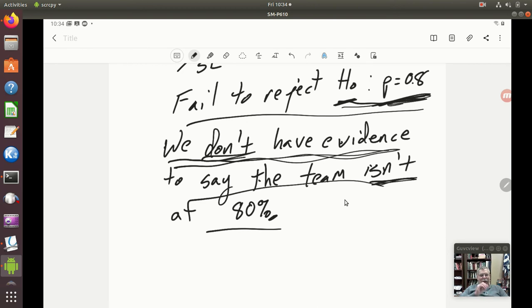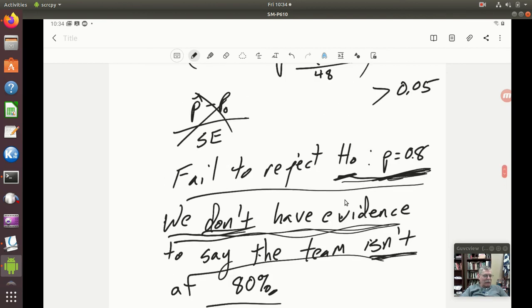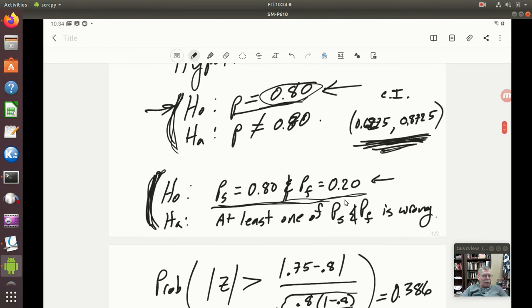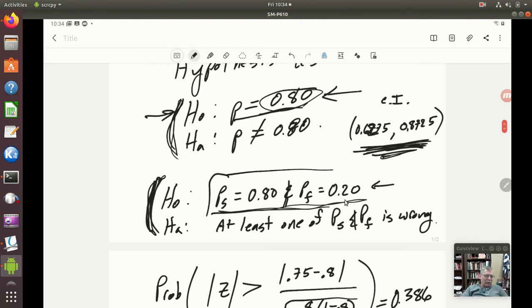That's not exactly the same thing as saying we do have evidence to say it's true. And so that is the idea of a test of a single proportion, but notice it could be thought of as two complementary proportions, so remember that as you look at problems. Okay, we'll call that done.